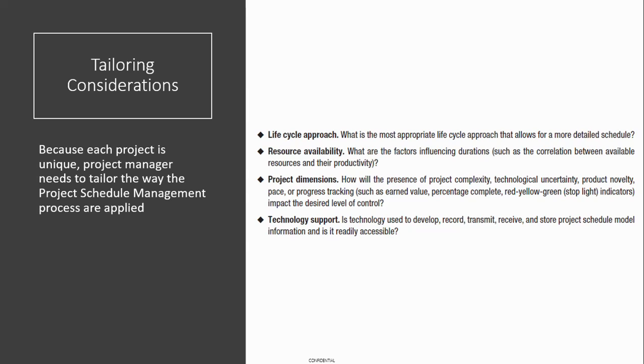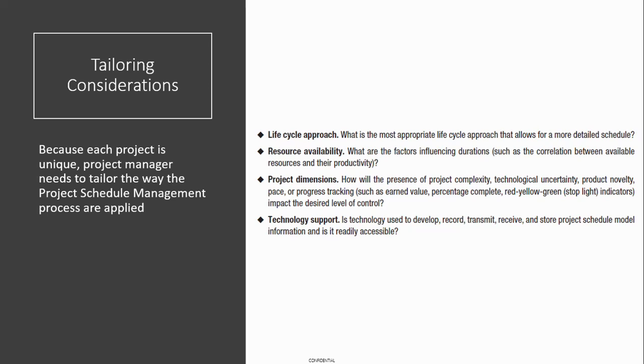We will also have to understand other project dimensions, such as the complexity of the project that you are going to handle, the technology uncertainty of the project, the project novelty, whether it's a brand new project, that will include more risks, and hence you will have to incorporate those risks into your project schedule. Also, you will have to understand the technological support that you tend to get for your project.